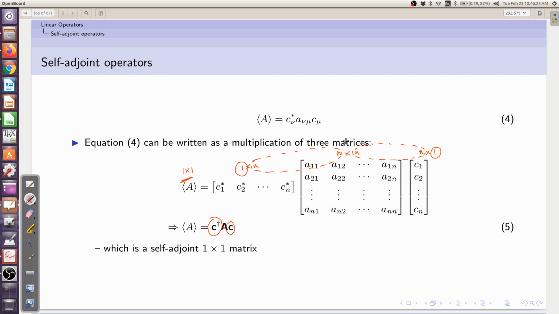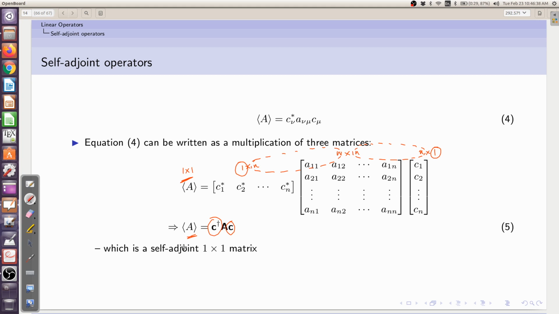This vector could be a wave function. You represent the wave function as a column vector, take the dagger of that, and do this matrix multiplication. That gives us the expectation value of that Hermitian operator.